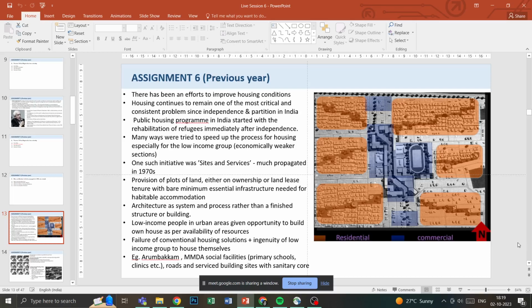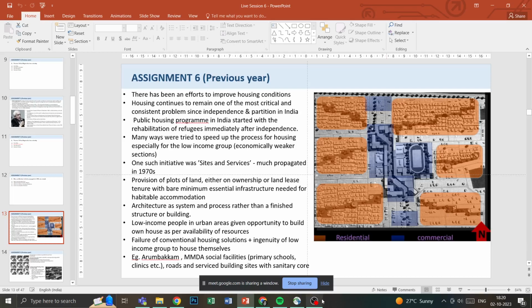There was a huge displacement, and it was the time when the public housing program in India started with the rehabilitation of refugees immediately after independence. Many programs and ways were tried to speed up the process of housing, especially for the low income group, the economically weaker sections of our society. One such initiative was sites and services. It was propagated in the 1970s.